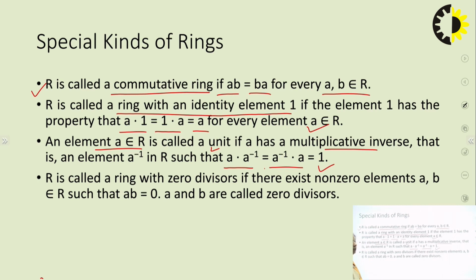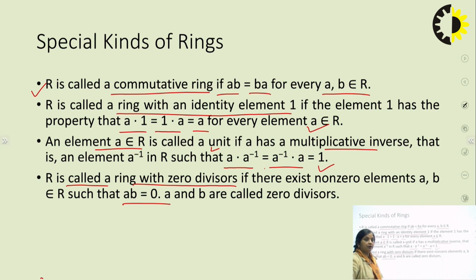Now, what are zero divisors? We have a ring. In a ring, if there are some elements which are non-zero, but their product is 0, that is what we are talking about.